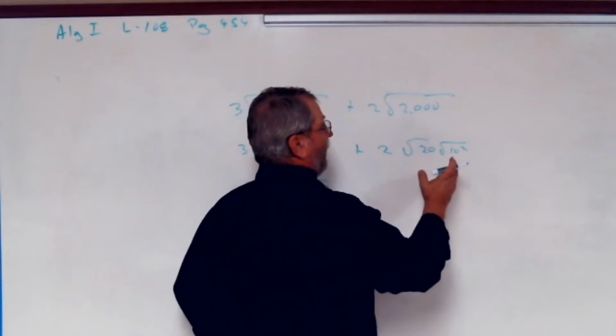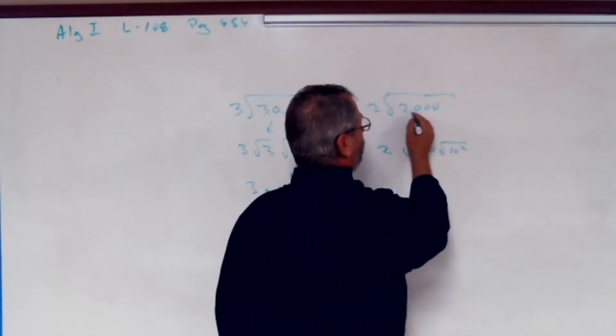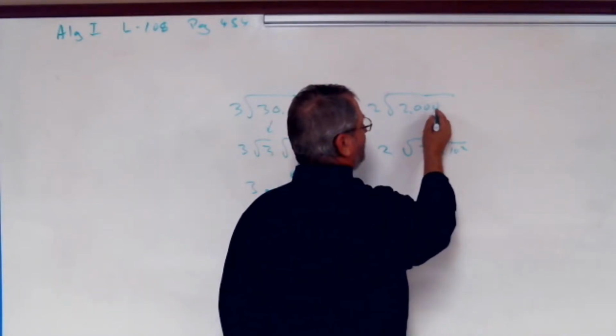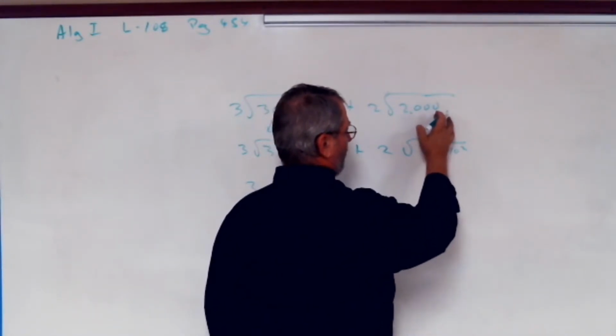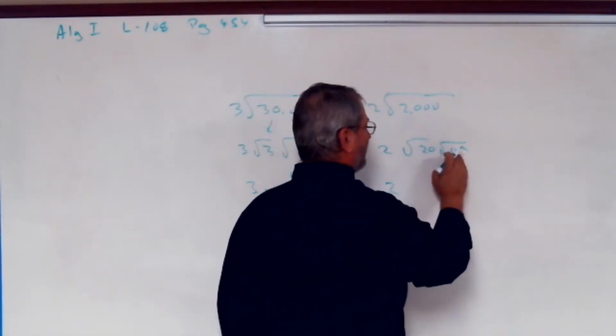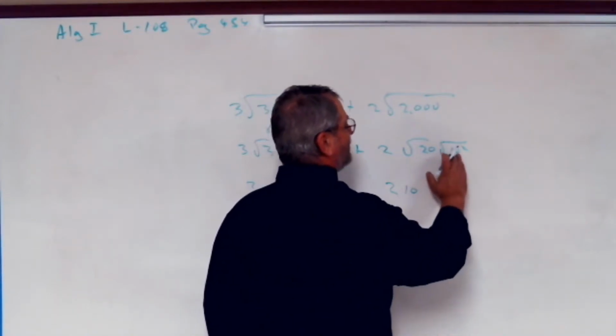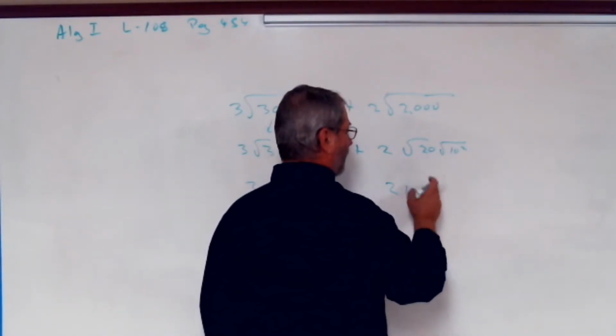Sorry, I can only do an even number of zeros. So I'm doing 20 times 10 squared, 100 right here. All right, so this is 2. The square root of 10 to the 2nd is 10. That's the square root of 100. It's just 10. It's no longer a radical.